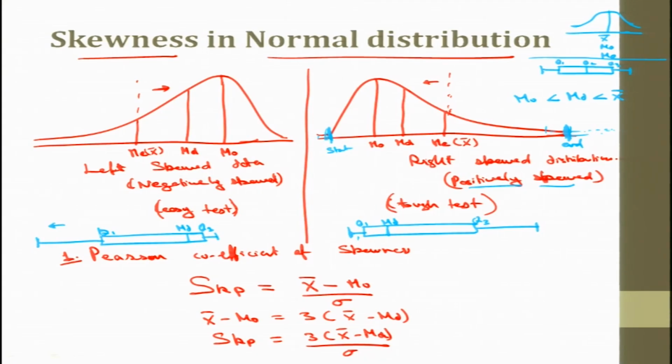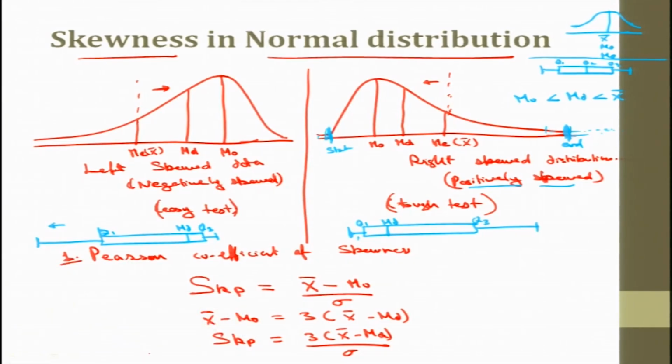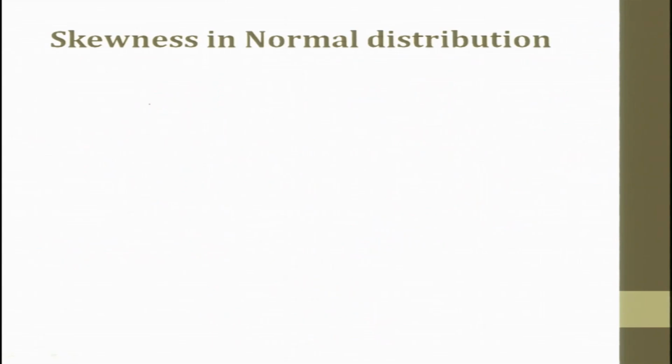So, Pearson coefficient of skewness is one criteria. There are some other criteria like quantile or quartile coefficient. Okay, based upon this also I can put skewness coefficient here. Then we have quartile coefficient of skewness.